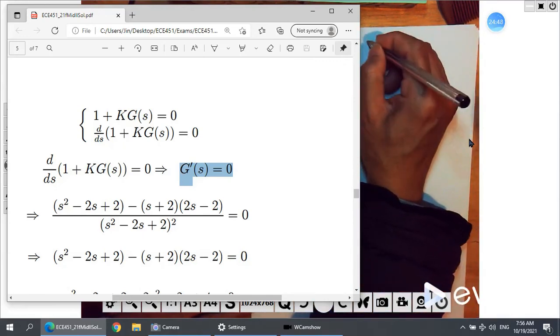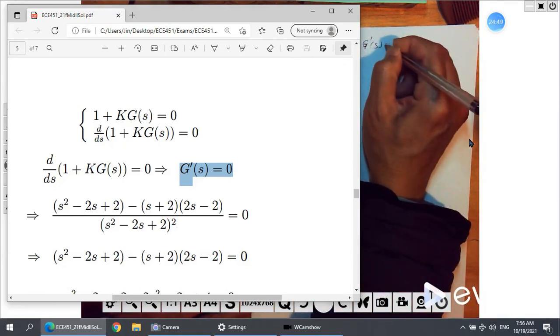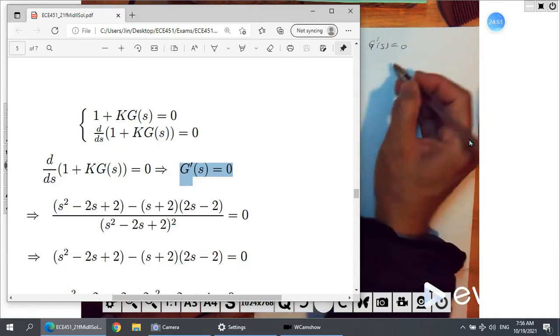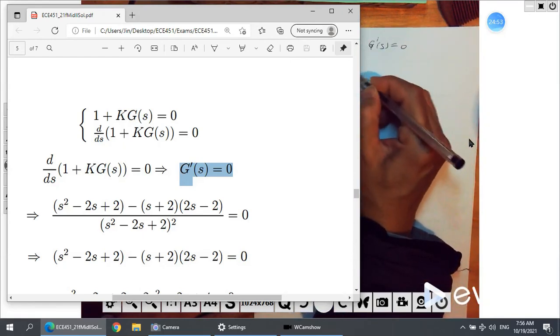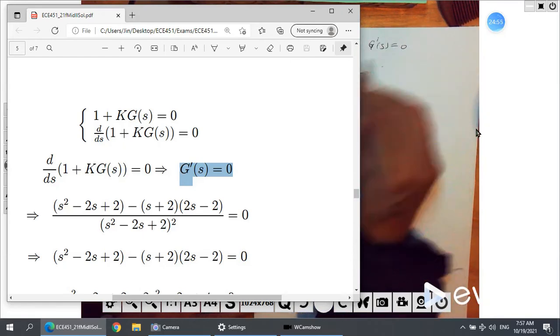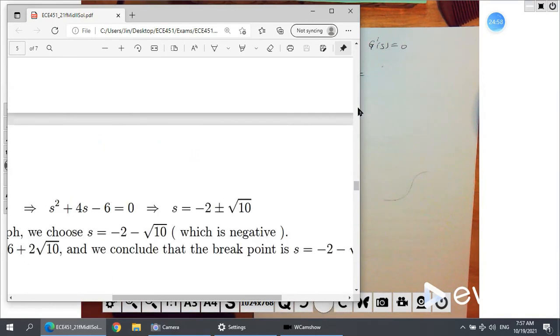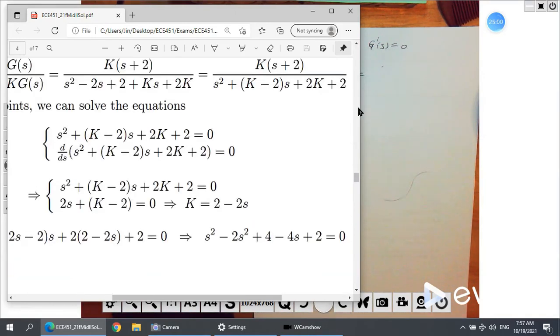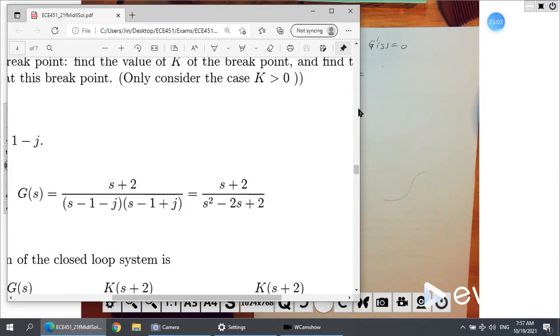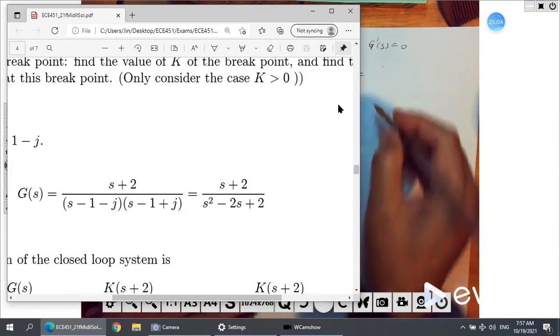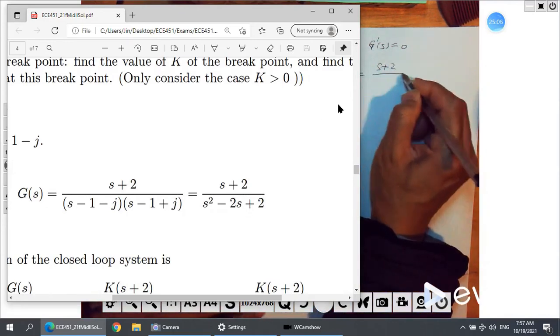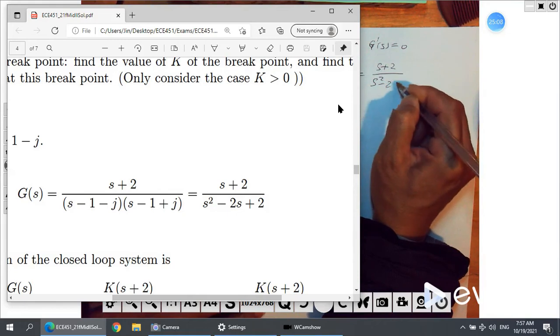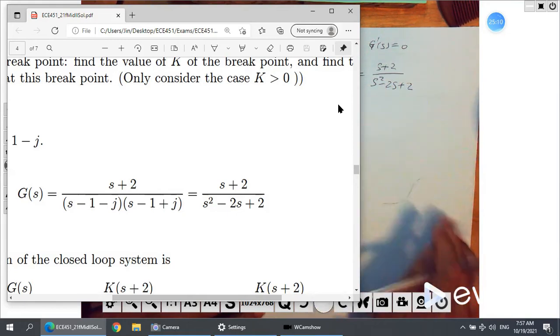We want g prime of s equal to 0. What is g? G of s is s plus 2 over s squared minus 2s plus 2.